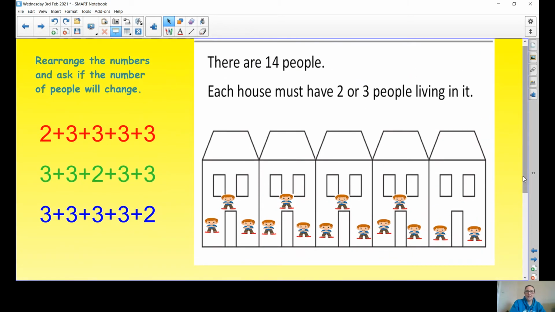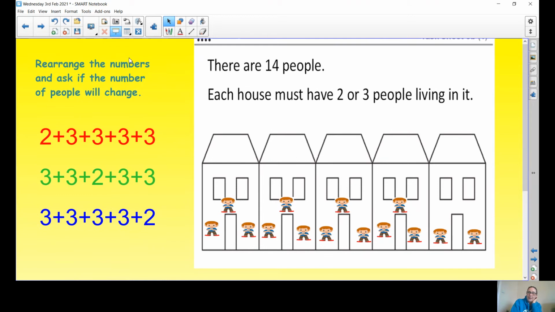We must have at least 2 or 3 people living in it. So we can't do it in any other way. We can't make 4s because it says we must have 2 or 3 people living in it. Is there any ways that I have missed to keep the total at 14? Do the number of people change when I move them? No, we kept it at 14, but the numbers are arranged in a different order.